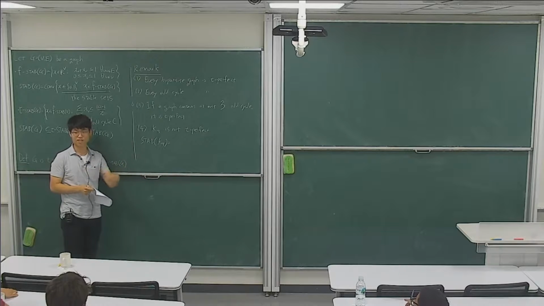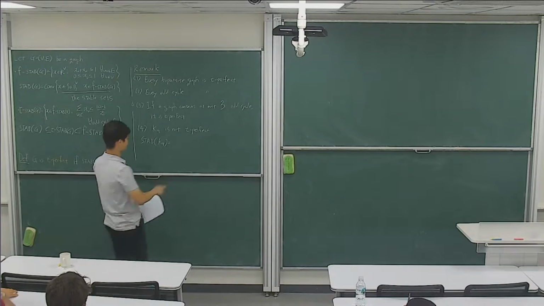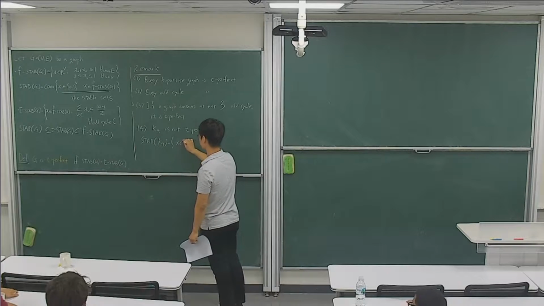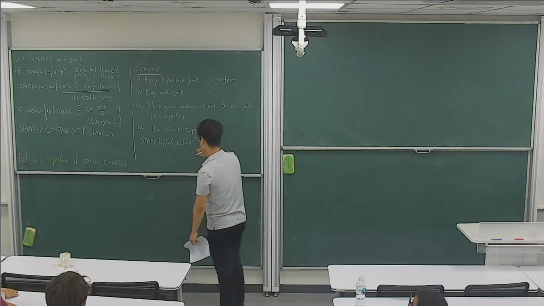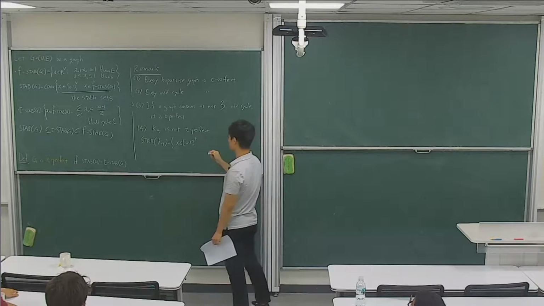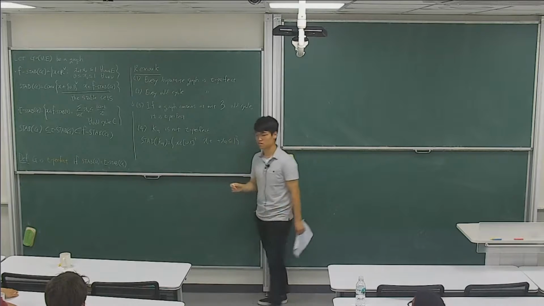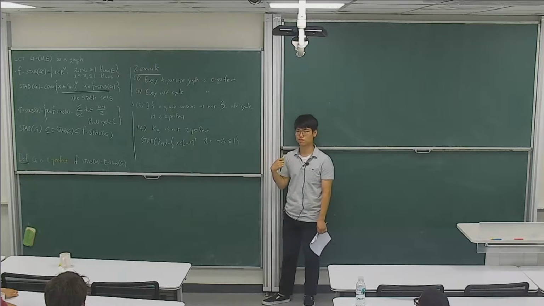So if you take the convex hull of them, it's just a simplex. This is defined by the 0,1 inequalities and also the edge inequalities like x1 plus x4 at most 1. So this is just a simplex, the stable set polytope.